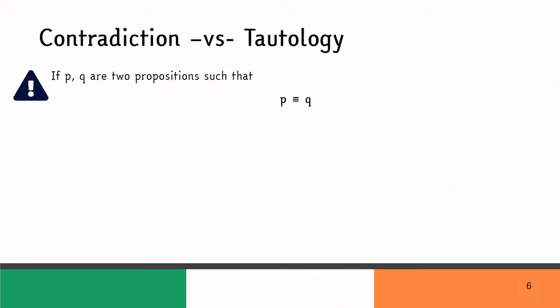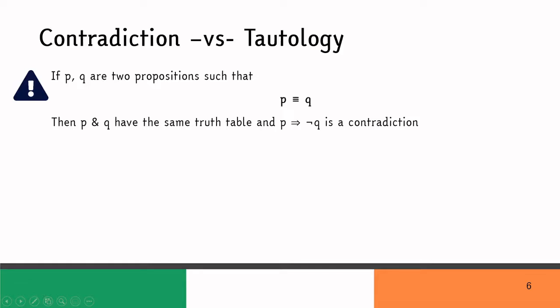If we have two propositions P and Q such that P is equal to Q, then we say that P and Q always have the same truth values and P implies negation of Q is a contradiction.